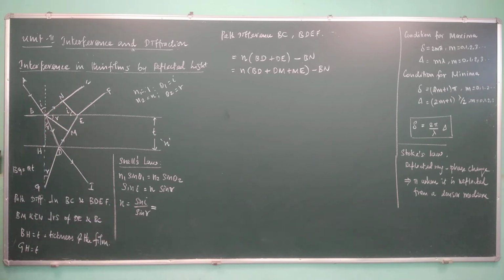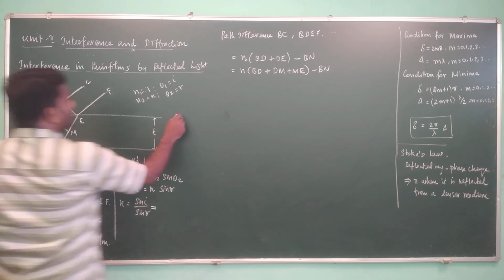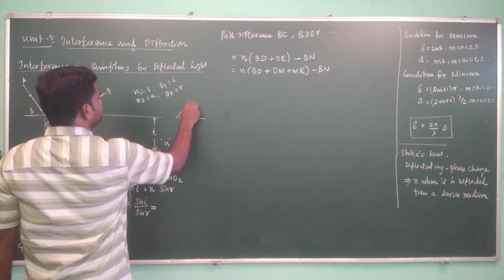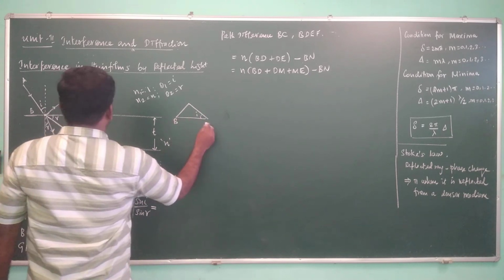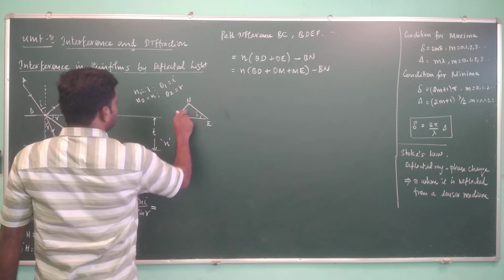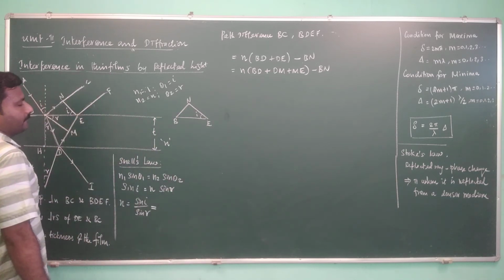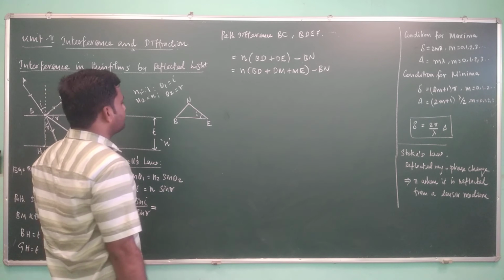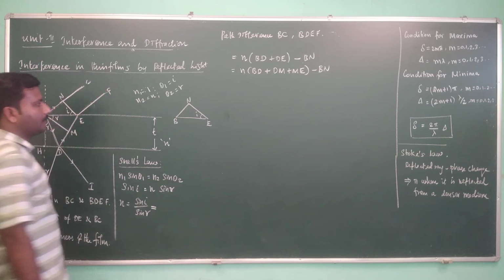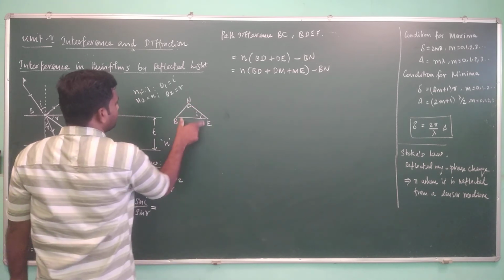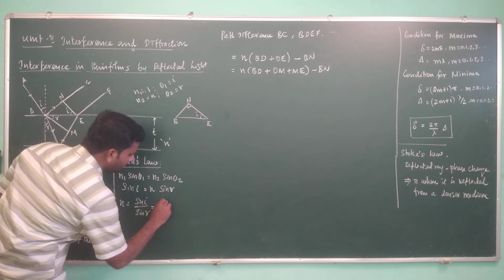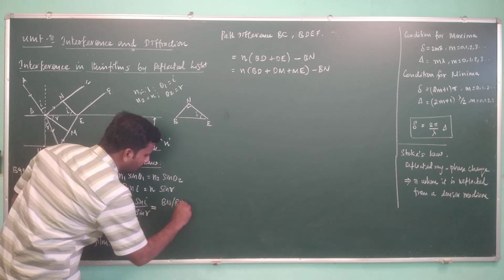Now from the triangle BEN, with angle i, we can write sin i as opposite side by hypotenuse. This is the normal, so the opposite side is BN and the hypotenuse is BE. So sin i is BN by BE.